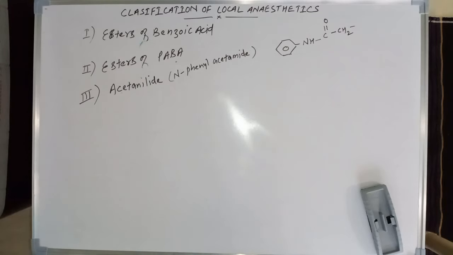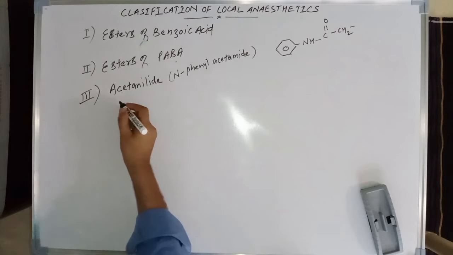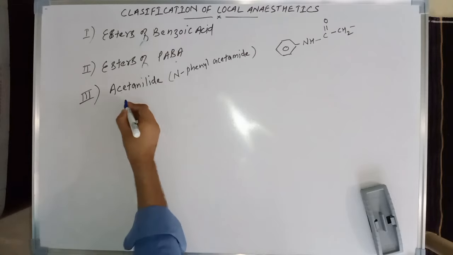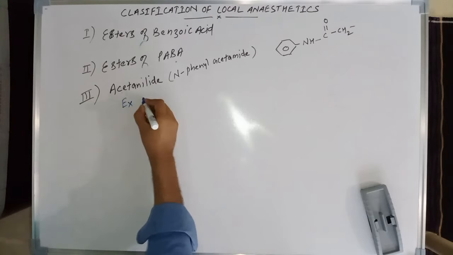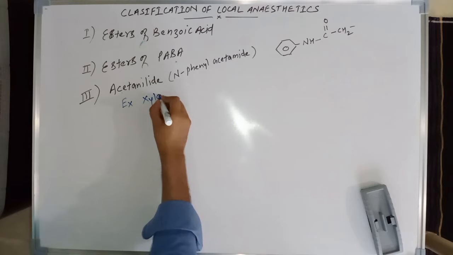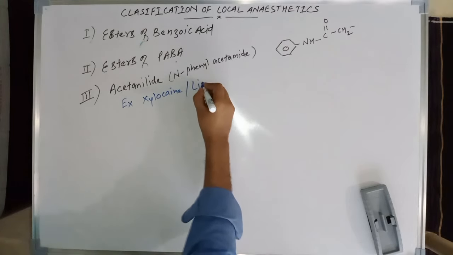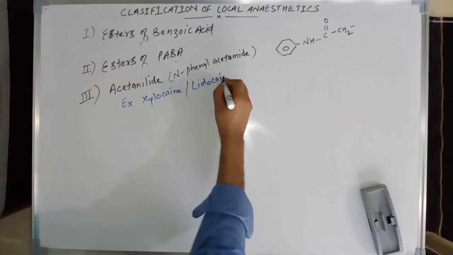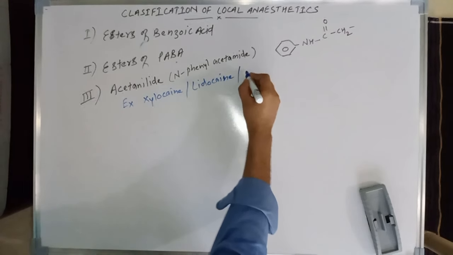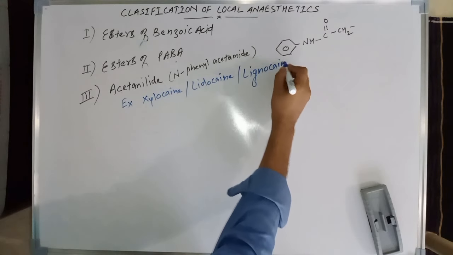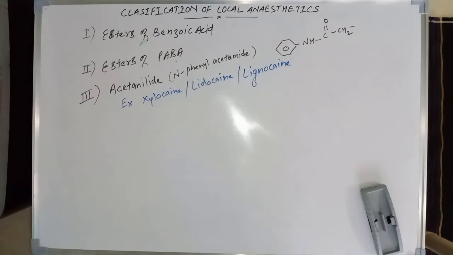What are the examples of acetanilide-containing drugs? The first example is xylocaine. It is also known by the names lidocaine and lignocaine. Xylocaine, lidocaine, lignocaine are all names of the same drug.